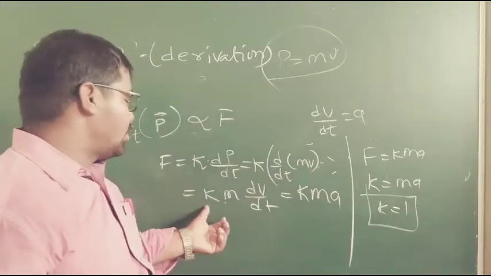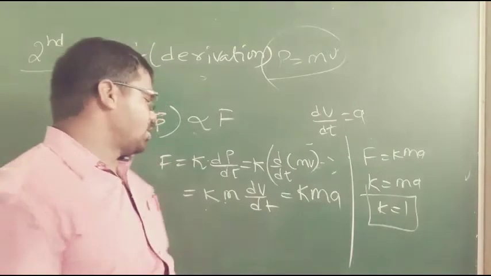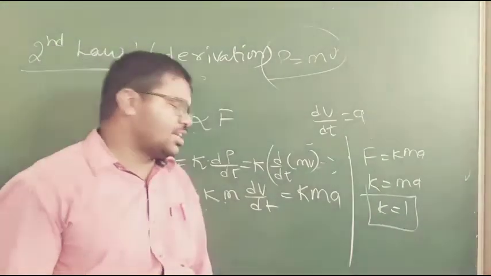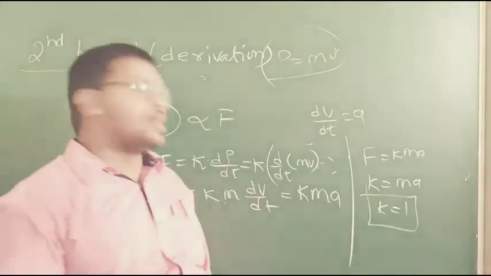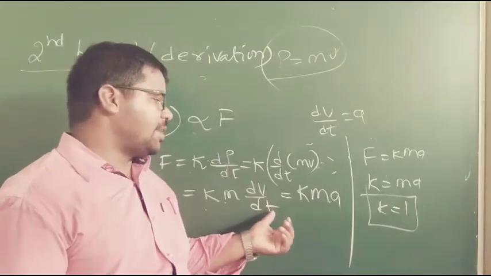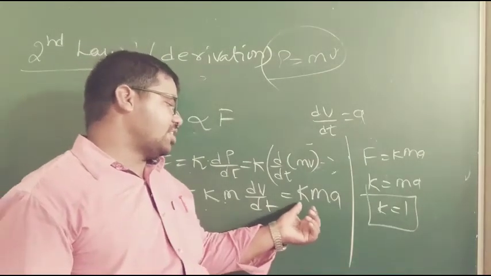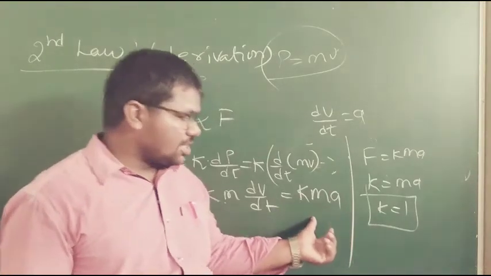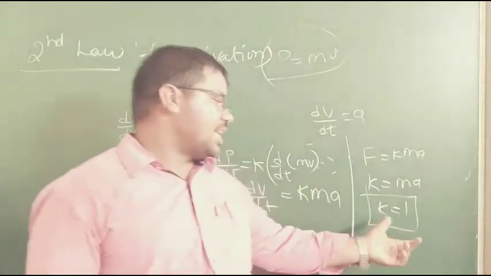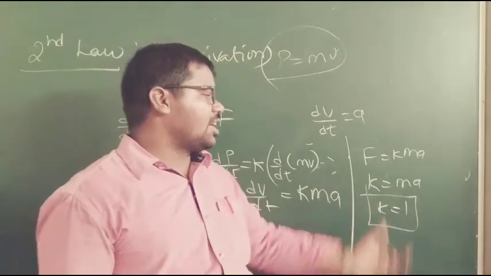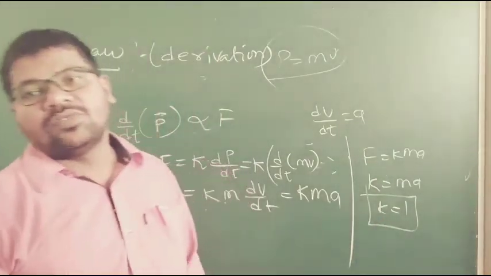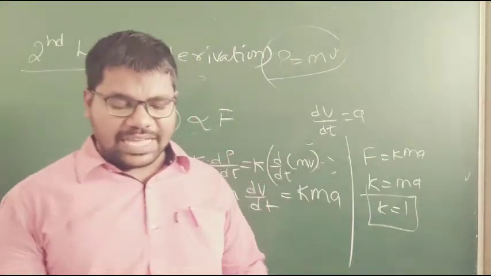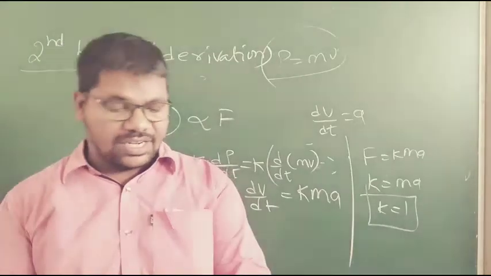K into d by dt of mv, since p is equal to mv. So K into m into dv by dt, where dv by dt is acceleration, that is equal to K into m into a. Here the force constant K has the value 1, so K is equal to 1. We get F is equal to ma. So force is equal to mass into acceleration of the body, my children.